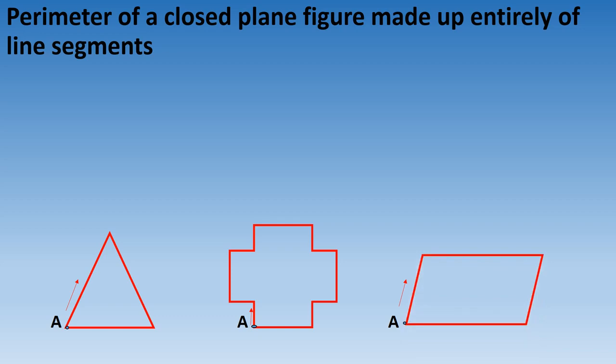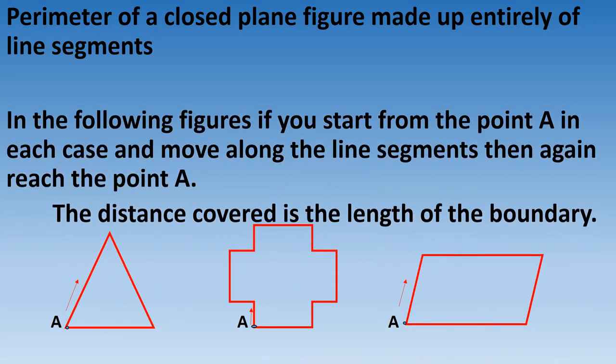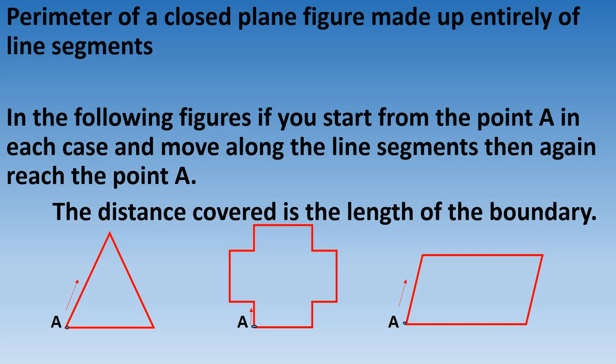In the following figures, if you start from the point A in each case and move along the line segments, you again reach the point A. See, some figures are given here. If we start from the point A in each of the figures and move along the line segments, then after some time we again reach the point A.